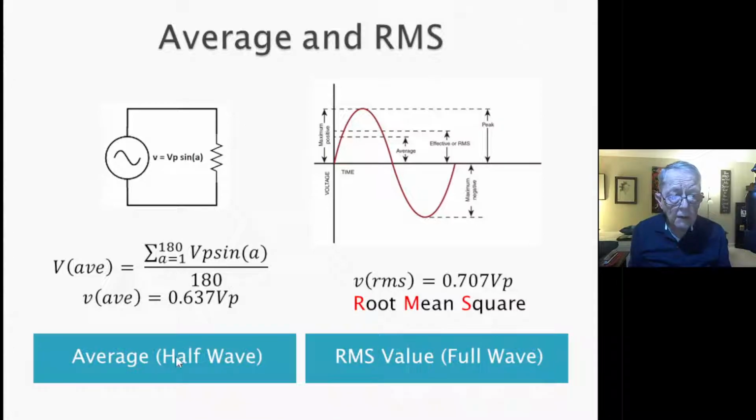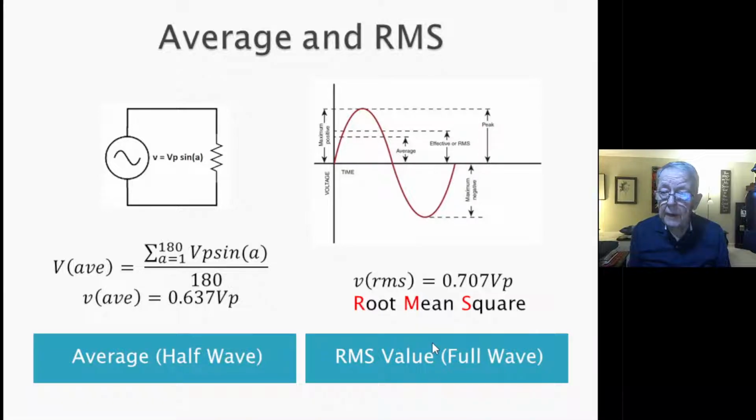Well, the average over a half cycle is simply you take only 180 degrees, take the half cycle, add those values, divide by 180, and you get a value of 0.637 times the value of the peak. That's an average for the half wave.